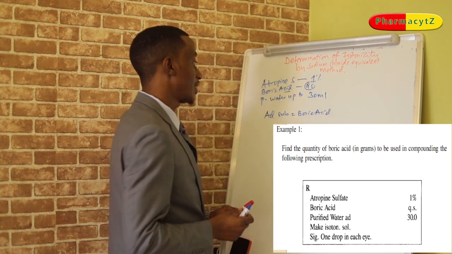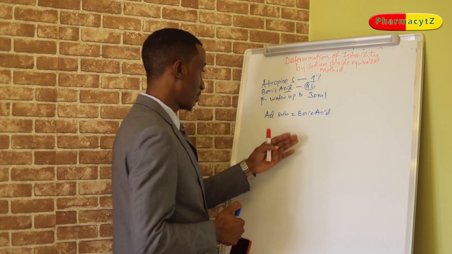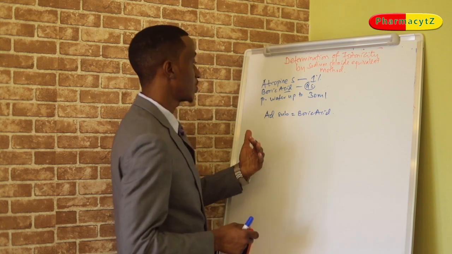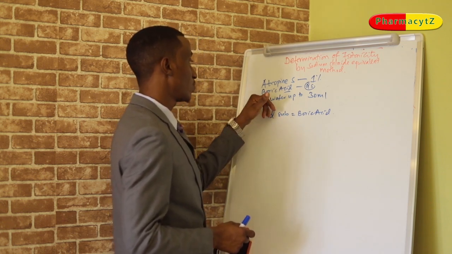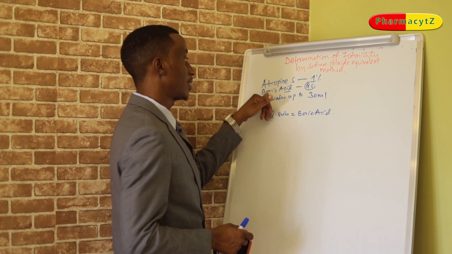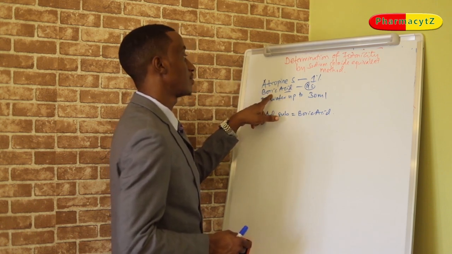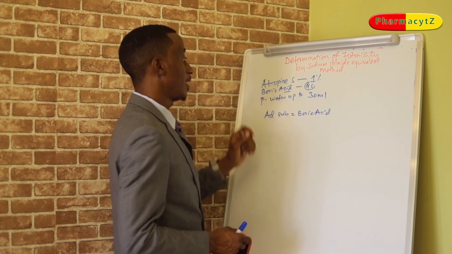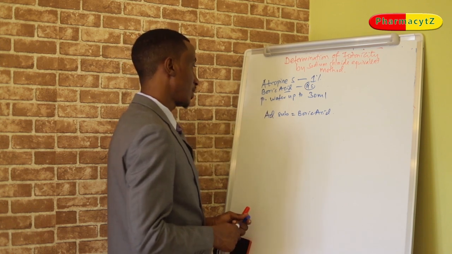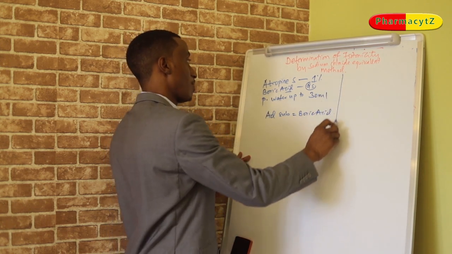You can easily witness that this is quite different from the previous questions which we have been solving, where we were using sodium chloride. This time we are going to use another tonicity agent apart from sodium chloride. What we need to do is go through 3 steps.